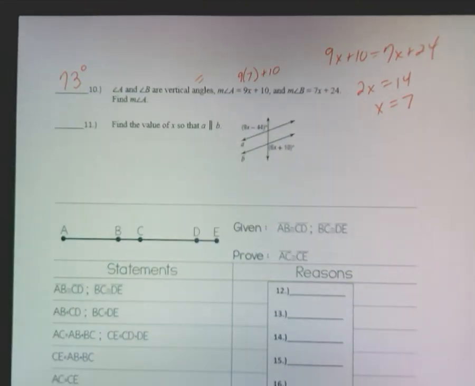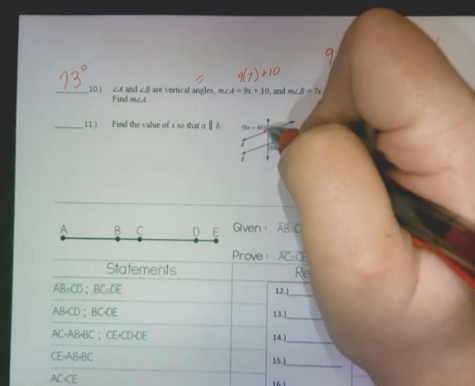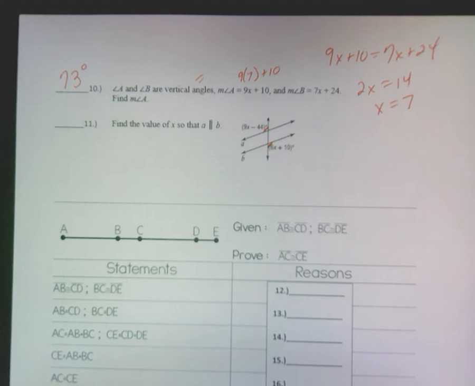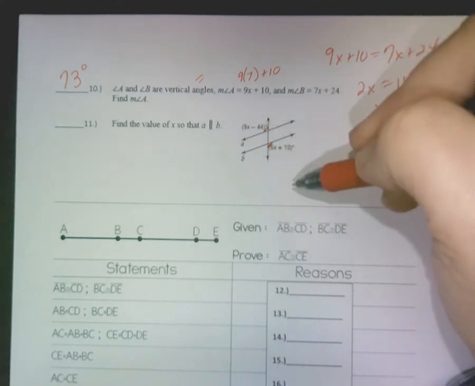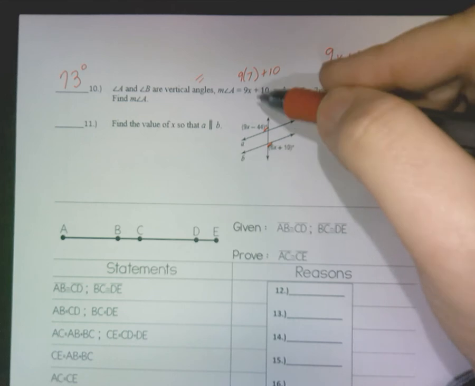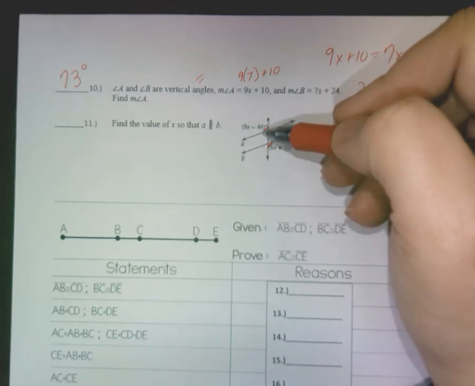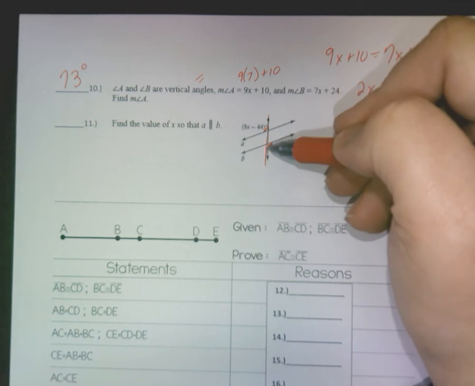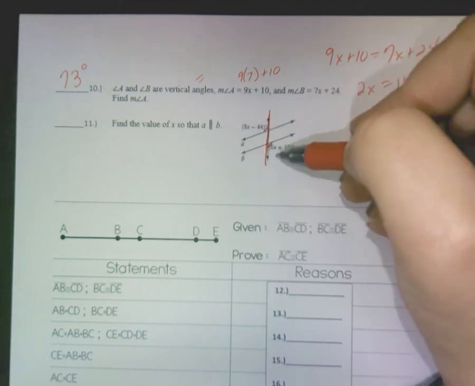All right, number 11, find the value of x so that A is parallel to B. So if I'm looking at this angle right here and this angle right here, just look at it. Does it look like those two angles are big angles that are equal to each other, or does it look like they would add to 180? That's really your only choices. Well, this is the transversal. They are on the exterior and they are alternating.